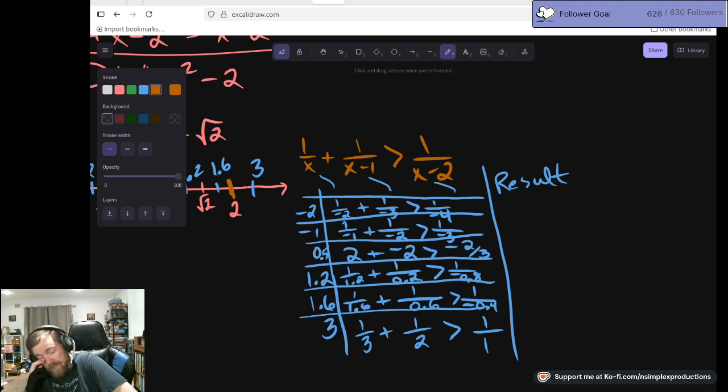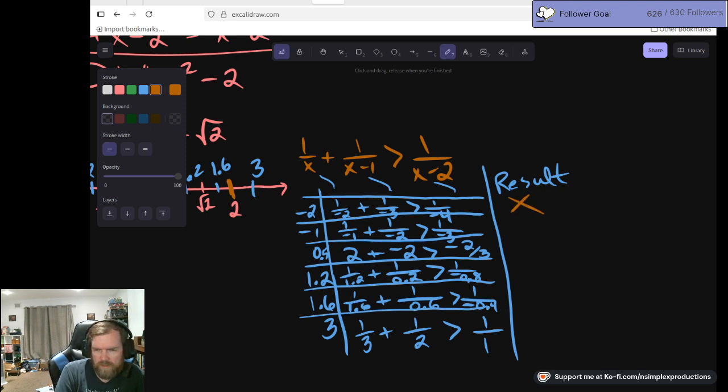Negative a half plus negative a third is greater than negative 1/4. So a half plus a third is 5/6. So is negative 5/6 greater than negative 1/4? The answer is no there.